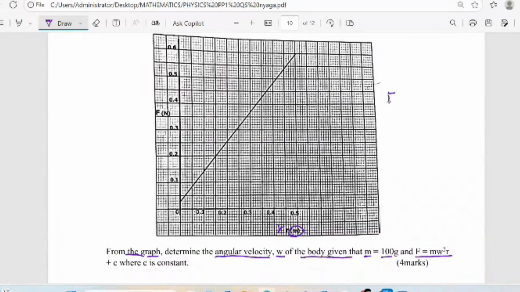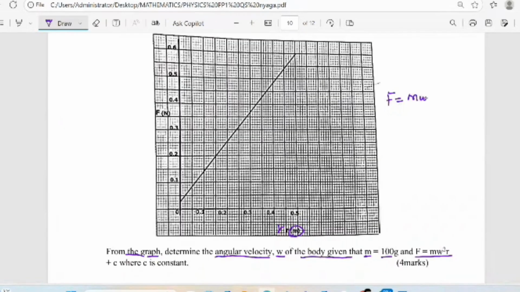So our equation here is F equals m omega squared, r plus c, and we are told that c is a constant.